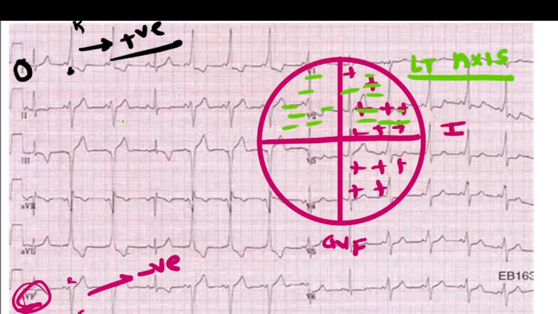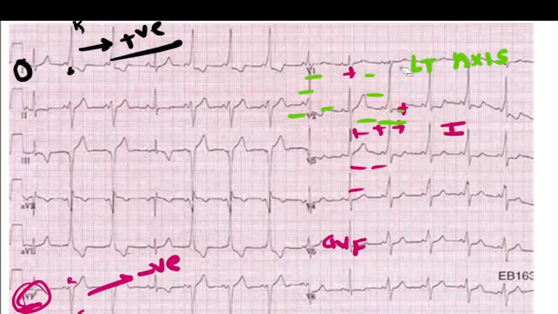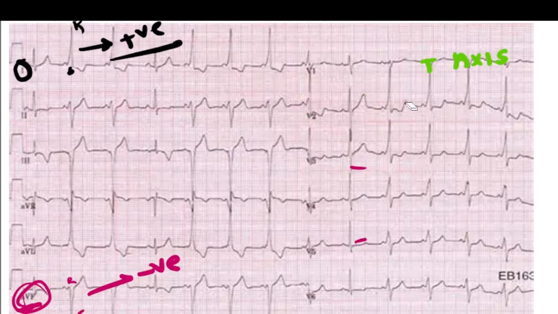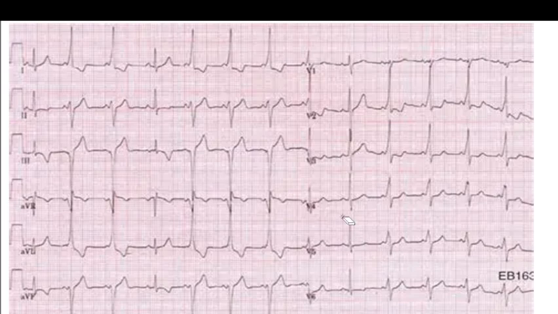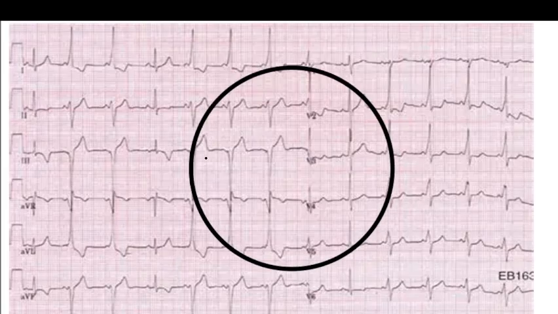Some of them you can logically work out, why it is right axis and why it's left axis. I can show you one or two examples here. Let us ask what will happen in an inferior MI. This is the figure that we are using.